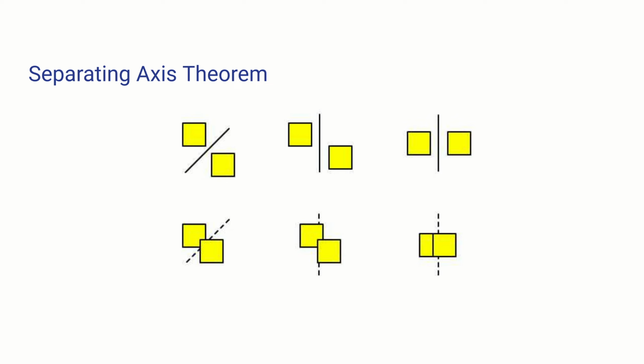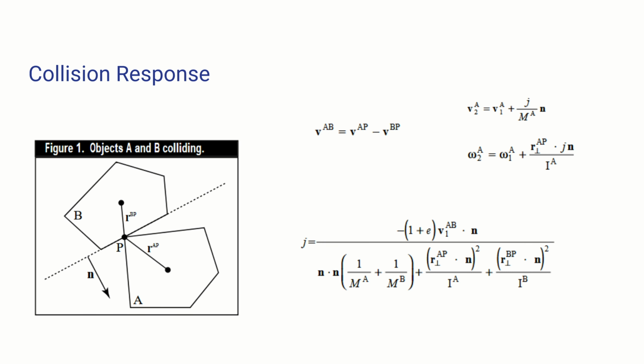And we test for this by taking each normal, projecting the points of both objects onto said normal, and if there are no overlaps between the two objects based off their points, then that means we could draw a line between the two objects perpendicular to this normal, and we test all the normals. But if for all the normals they don't have a possible line, then that means there's a collision, and so then we need a collision response.